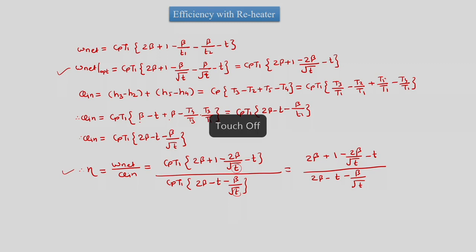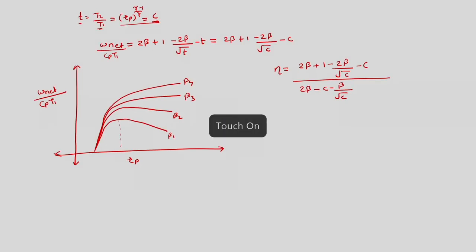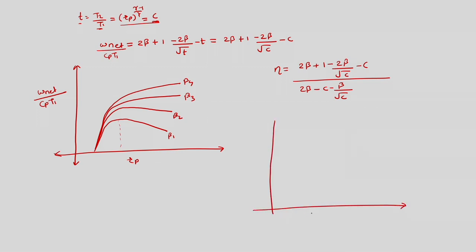So these would make the new formula for efficiency, which corresponds to maximum work, and we can plot the efficiency versus Rp for the Brayton cycle with reheater. First we will plot efficiency for the Brayton cycle without reheater, and with reheater, since we are adding a reheater, we are adding more heat.